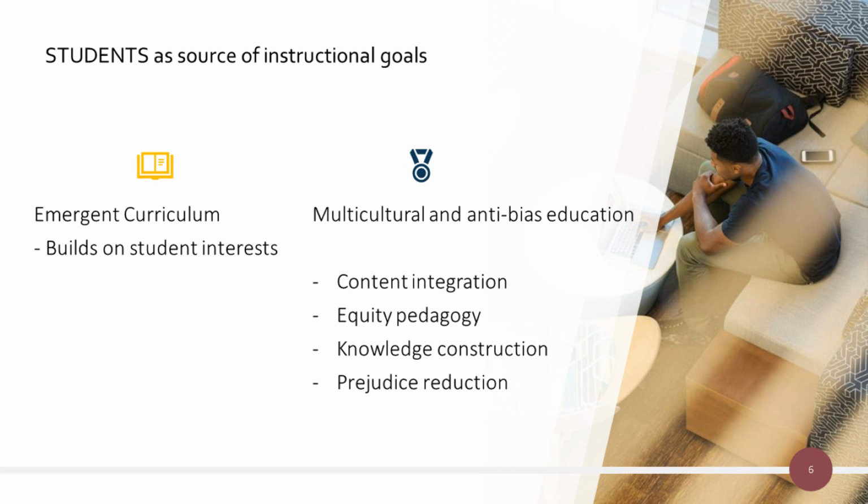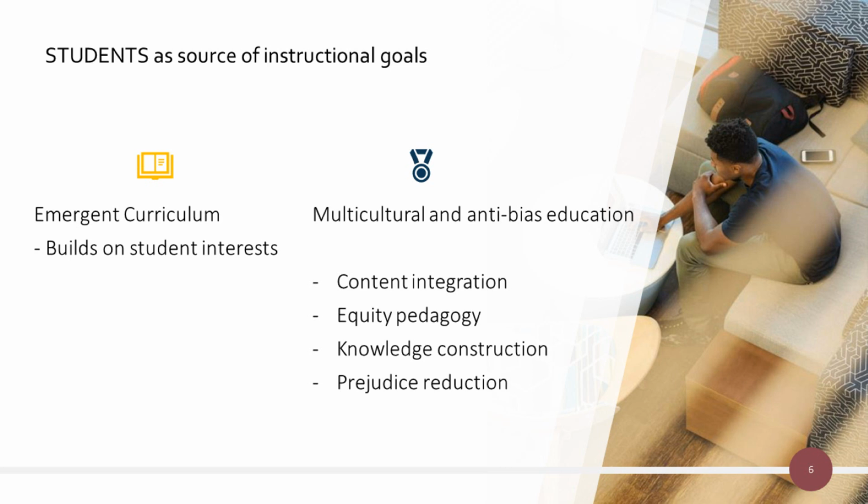Generally, though, the first term, multicultural education, has somewhat more to do with understanding the differences among cultures. The latter term, anti-bias education, has more to do with overcoming social prejudices and biases resulting from cultural differences. Now, for convenience, we can use the term multicultural education to refer to both differences and overcoming prejudice.